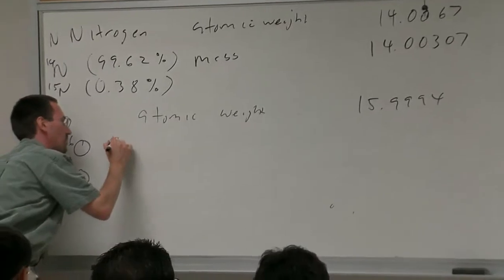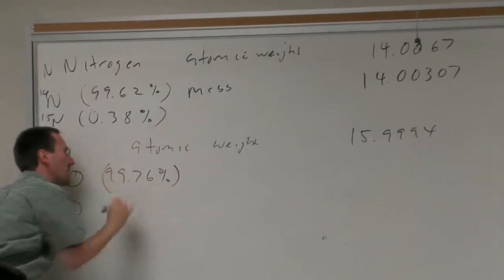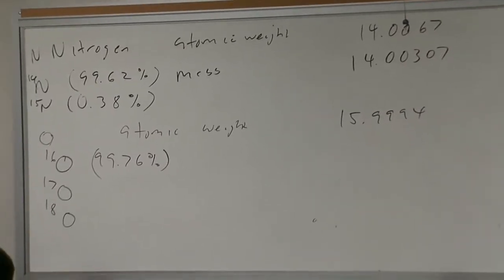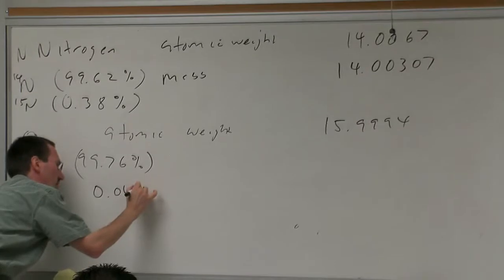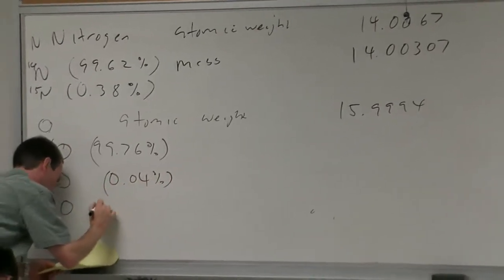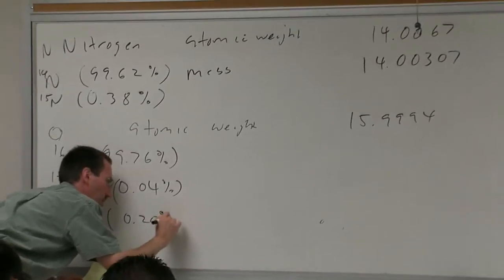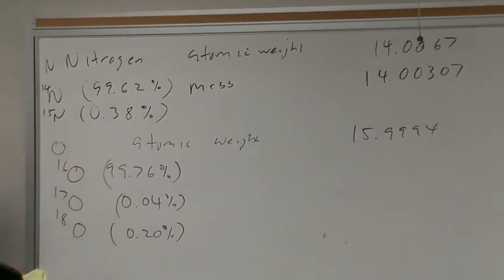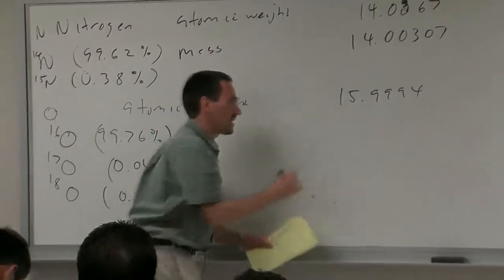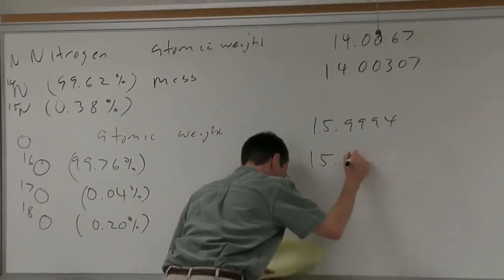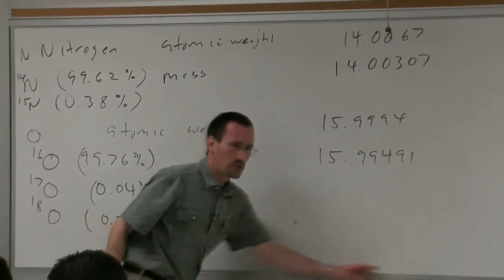Oxygen 16 predominates at 99.76%. There's just a tiny smidgen of oxygen 17, 0.04%, and just a little bit of O18, 0.20%. And so the mass, when you're thinking about mass spec, is 15.99491 for oxygen.